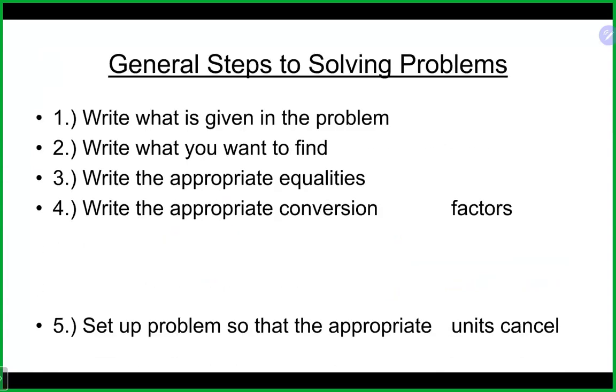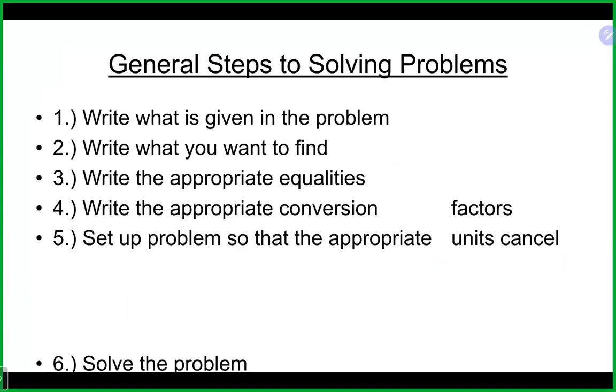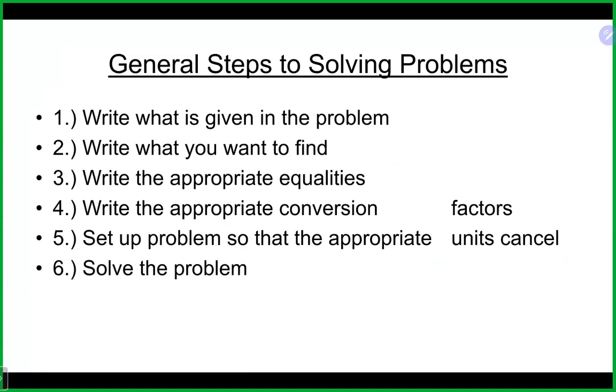So here are the steps to a dimensional analysis problem. And for the most part, if you follow these steps along the way, it should get you the right answer. It's a really good idea sometimes to write what is given to you. And you want to probably figure out what you're trying to find.